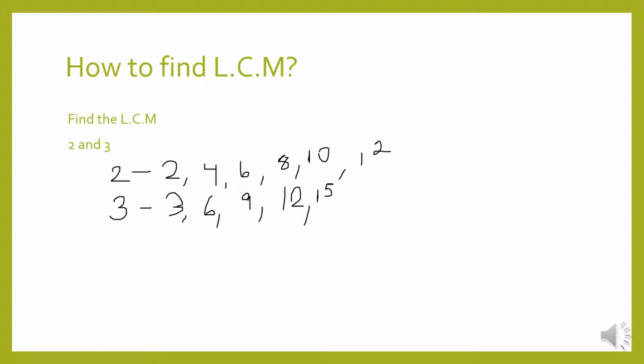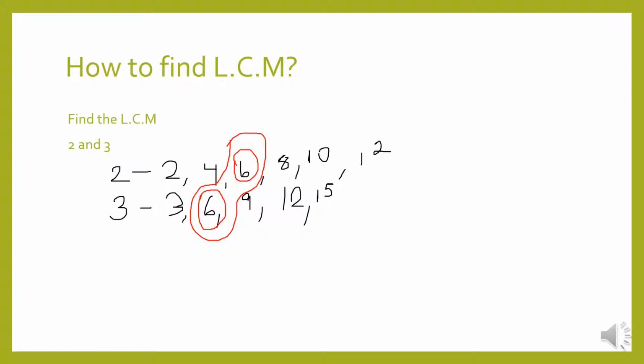Already we struck the lowest common multiple of both numbers. As you can see, they both have common multiples, which include 6. They both have common multiples, and they would have more than one.